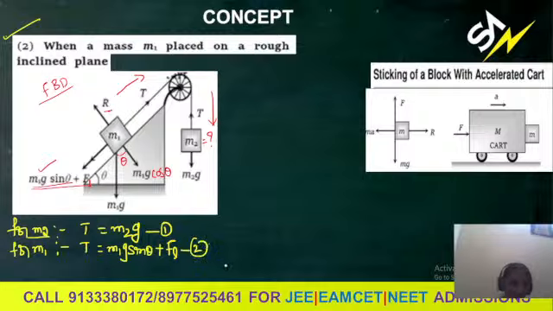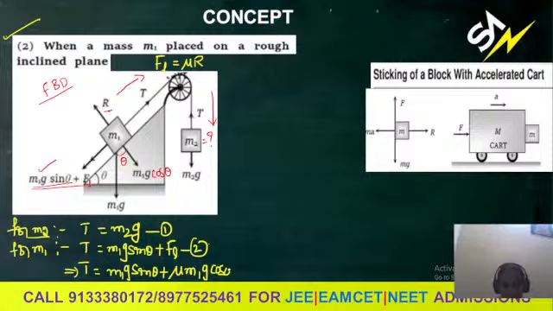Take it as equation 2. We can write this second equation like this also: T is equal to m1g sin theta plus F, where we know that the limiting friction developed at that situation is equal to mu into R. Here R is balanced by m1g cos theta, since R is equal to m1g cos theta, so we can write mu m1g cos theta.